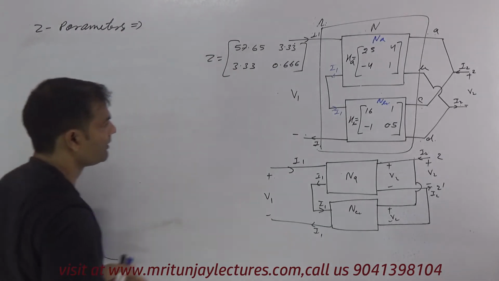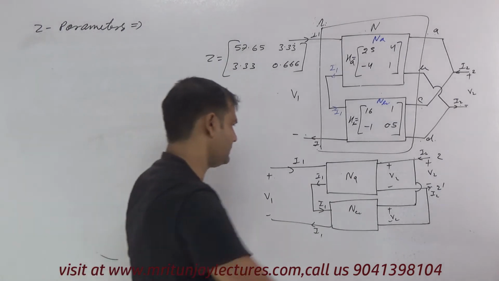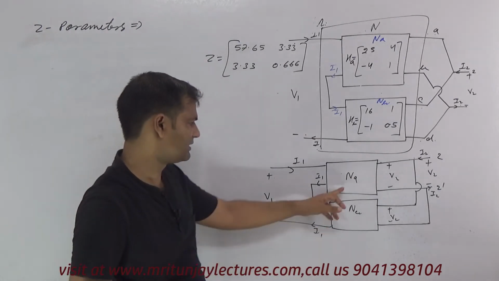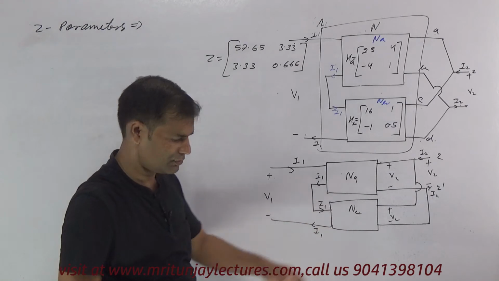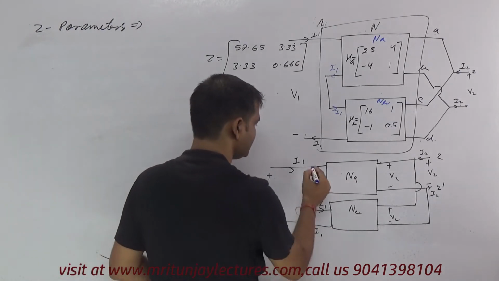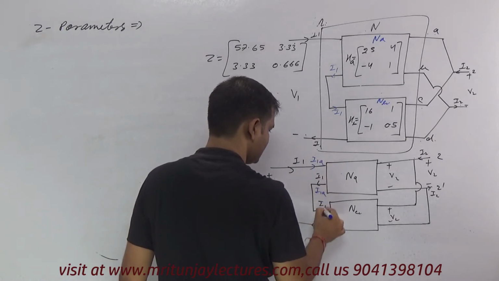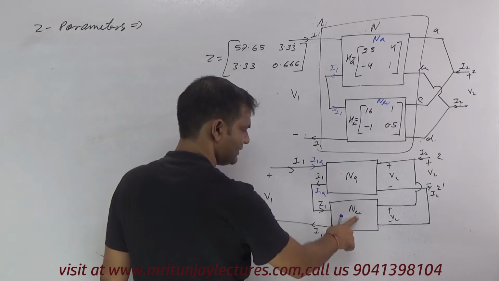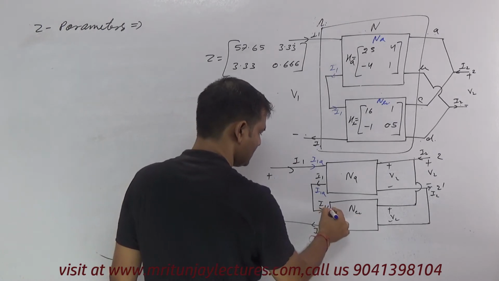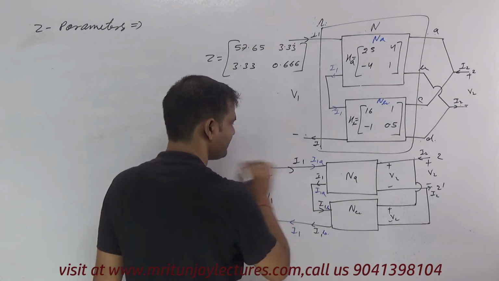Now first of all, this one is converted like this one, very clear. And this one is network 1 and this is network 2. Corresponding to network 1, this is I1A and that is I1A. That is network B, we call I1B, and here I1.